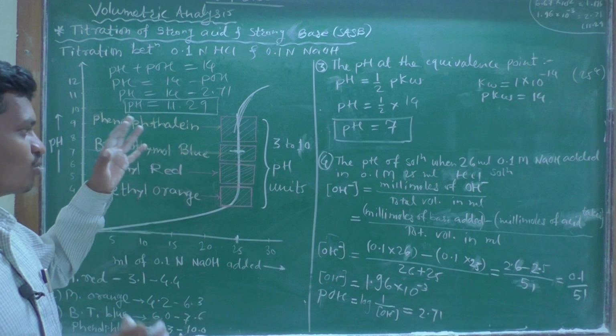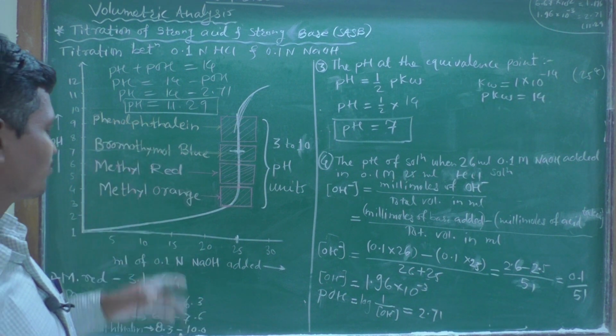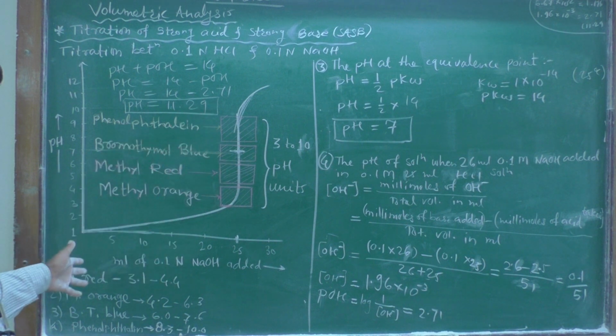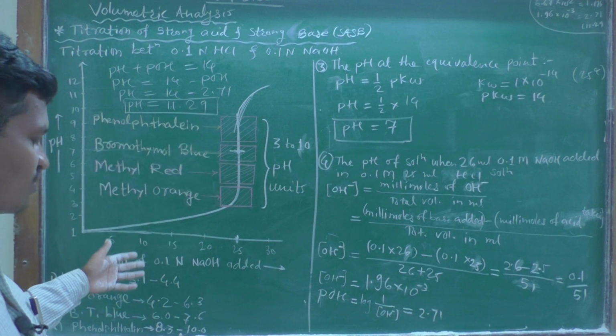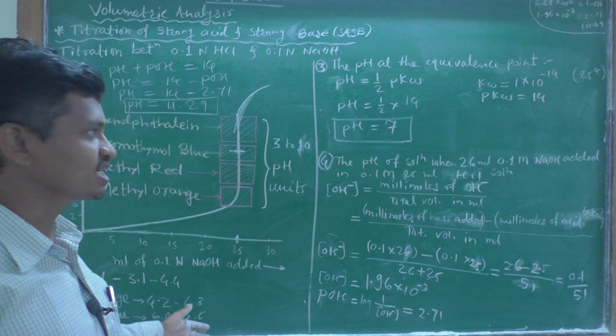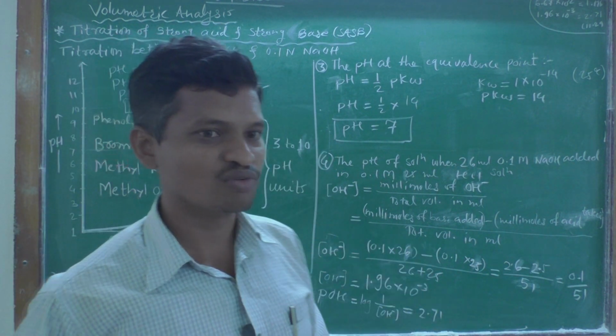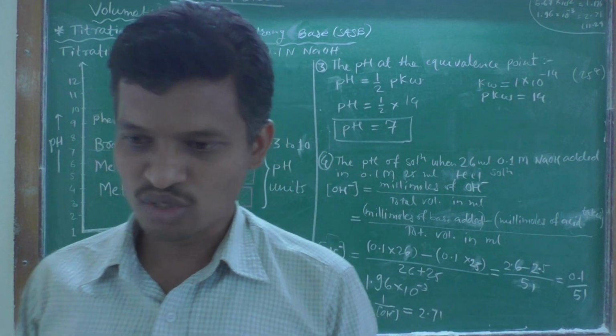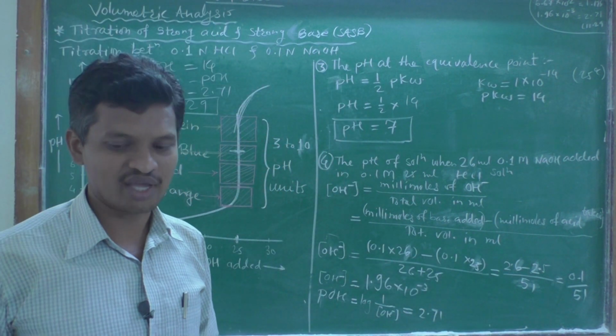This is the most important part of this titration: the nature of the graph, how it looks, then the choice of indicator, which is the suitable indicator, which is the best indicator, then the 4 points for how to calculate the pH values of the solutions in this titration.